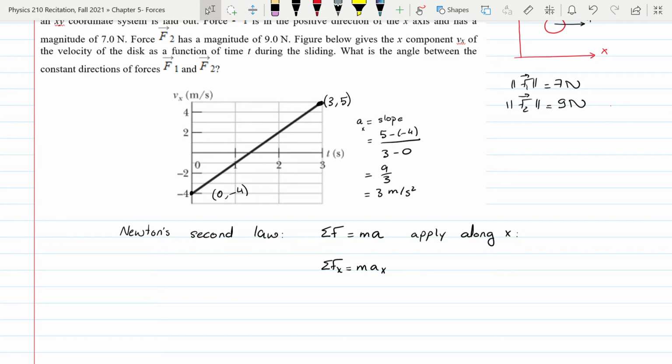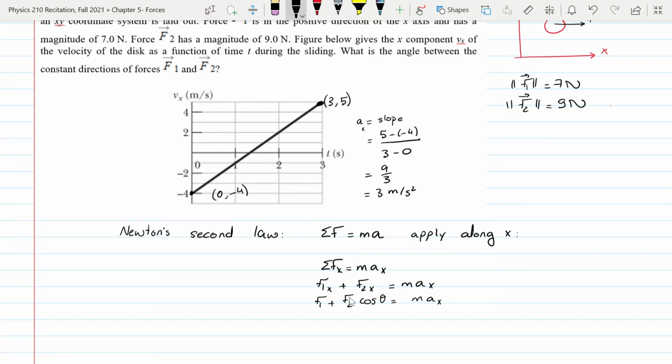Now, along the x direction, we have F1x plus F2x equals m ax. The x component of F1 is F1 itself, since F1 is along the positive x direction, while F2, we have no idea what its direction is, but we know that F2x is going to be F2 cosine theta, the angle it makes with the horizontal.